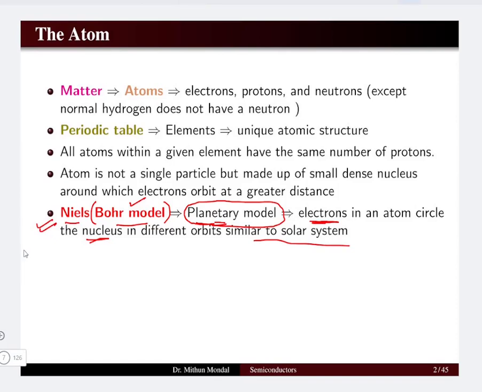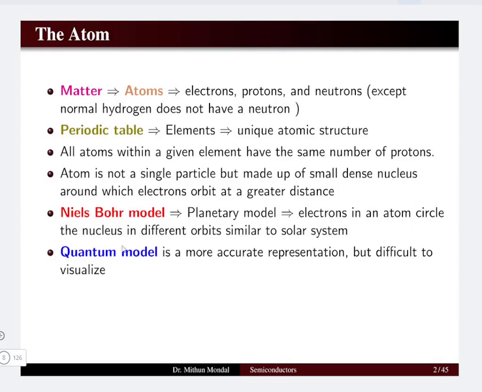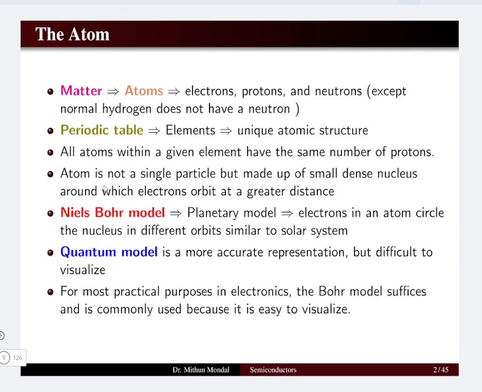The other model, which is more accurate in comparison to the Bohr model, is the quantum model, which is the modern model for the atom, but it is very difficult to visualize. Hence the quantum model is not often used; rather, the Niels Bohr model is used in studying the fundamentals of electronics.